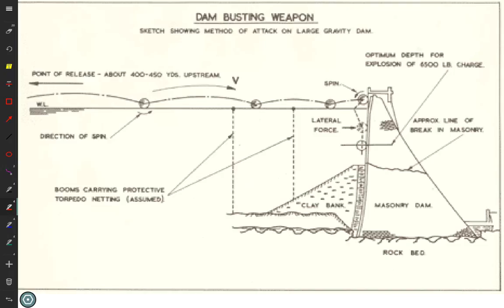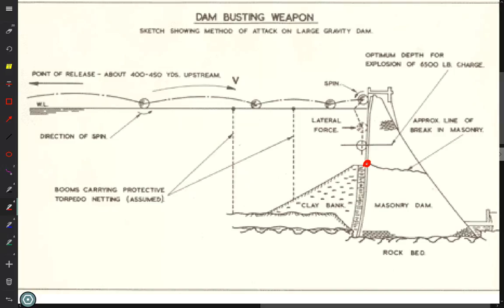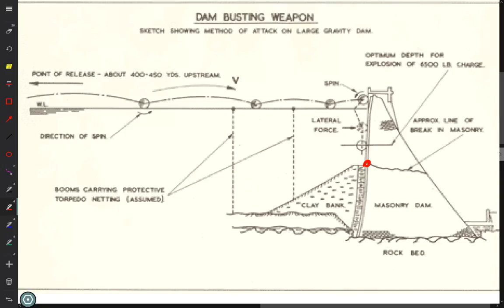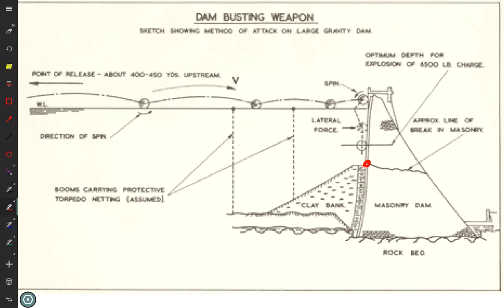And then it detonates down there and cracks the dam somewhere low. Why do they want to break the dam down here and not at the top? Yeah, you break it down here, you have high water pressure, it's going to be destroyed. You break it up at the top, the water pressure is not so high, maybe they can salvage it.